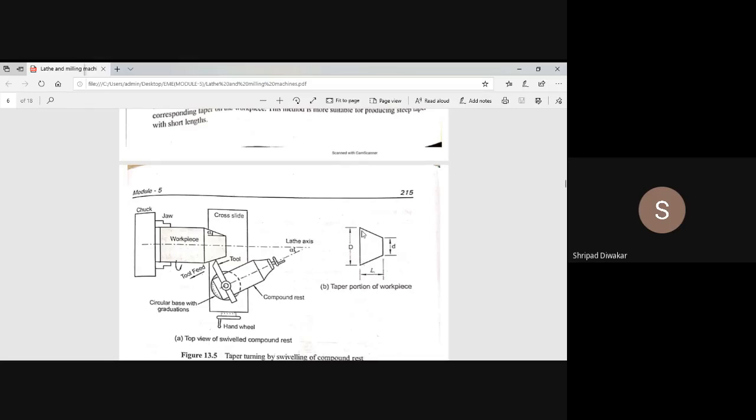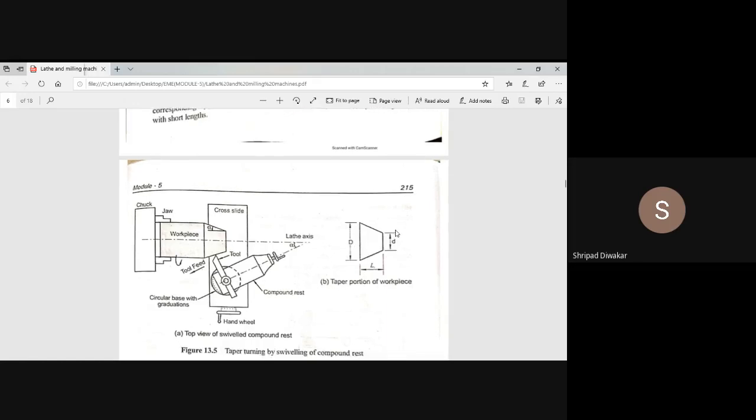Conical means at one end we are having the bigger diameter, at the other end we are having the smaller diameter, and this is the length of the job. Such kind of operation we can perform on the lathe machine. First, cylindrical turning. Second one is facing, reduction in the length of the given workpiece. Third operation is taper turning, that is generation of the conical surface. This is the third operation.